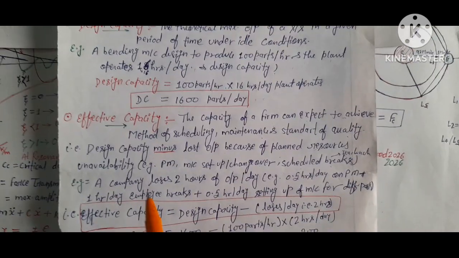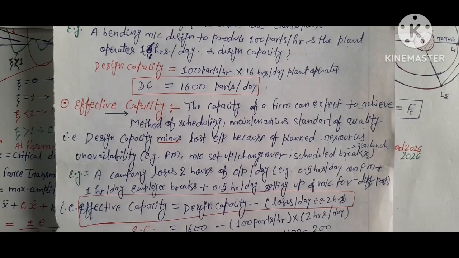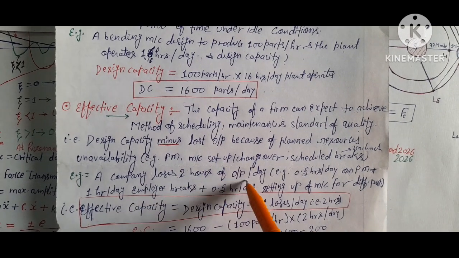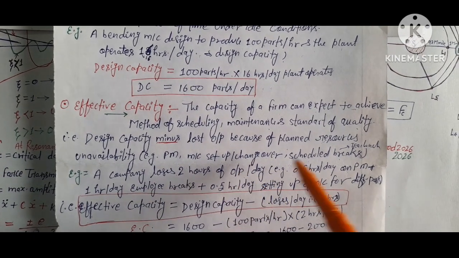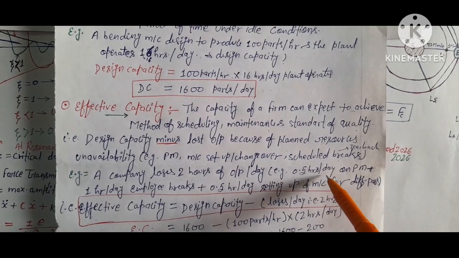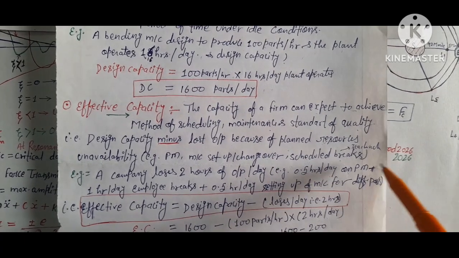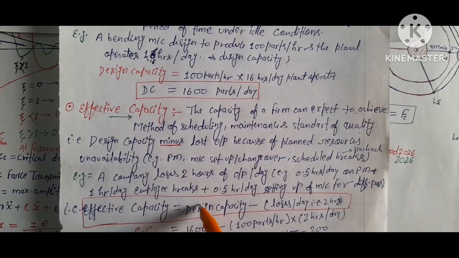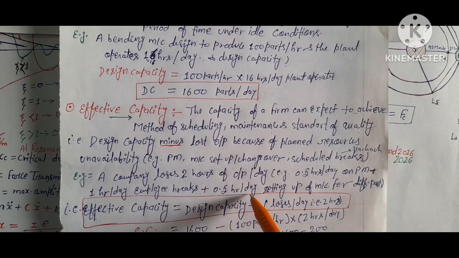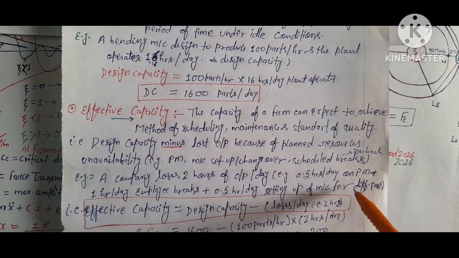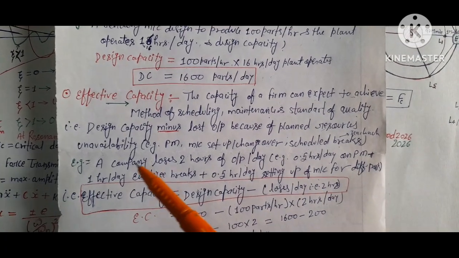Example of effective capacity: a company loses 2 hours of output per day, that is 0.5 hour per day on preventive maintenance, plus 1 hour per day on employee breaks, plus 0.5 hour per day on setting up the machine for different parts. So what is the effective capacity?